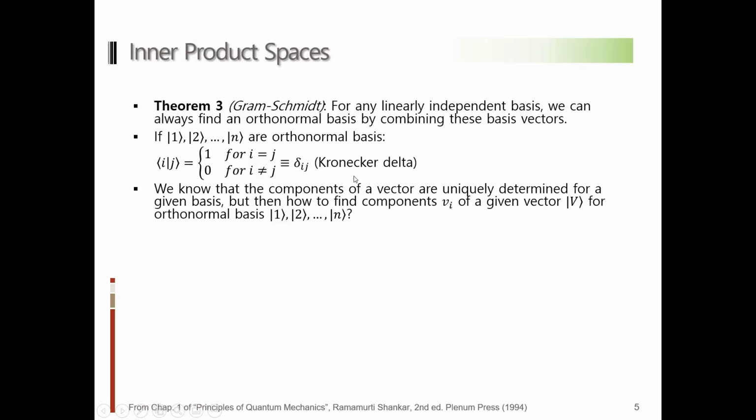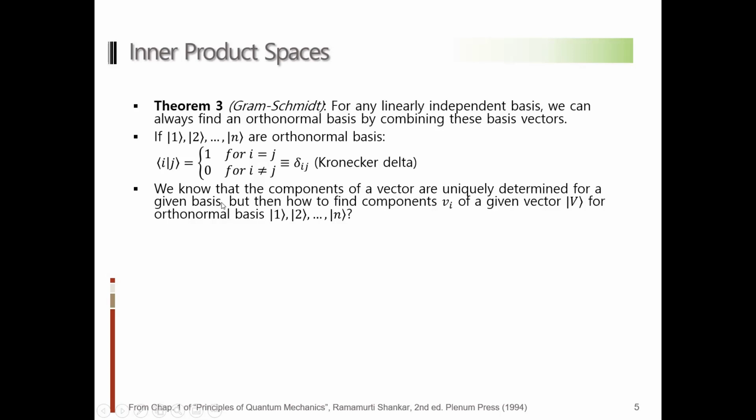Now, if you go back to the last lecture, we claimed that because of the concept of the linear vector space, the components of the vector can always be uniquely determined for a given basis.